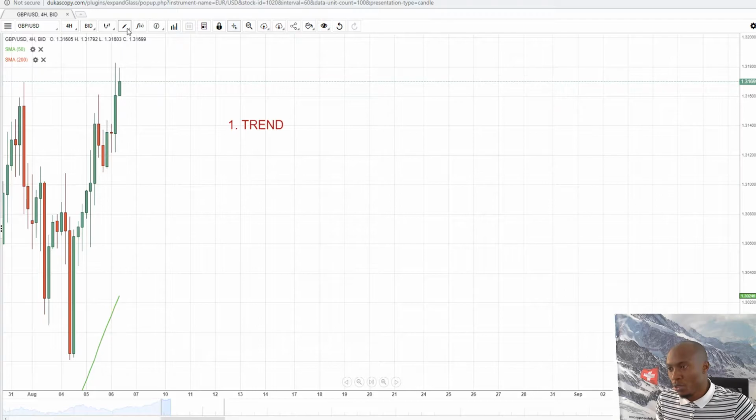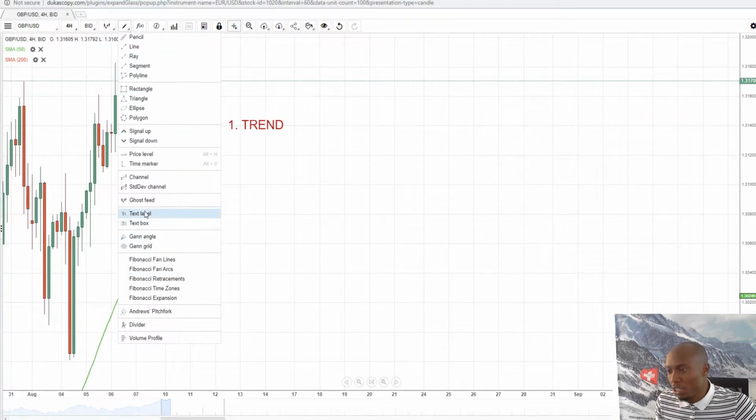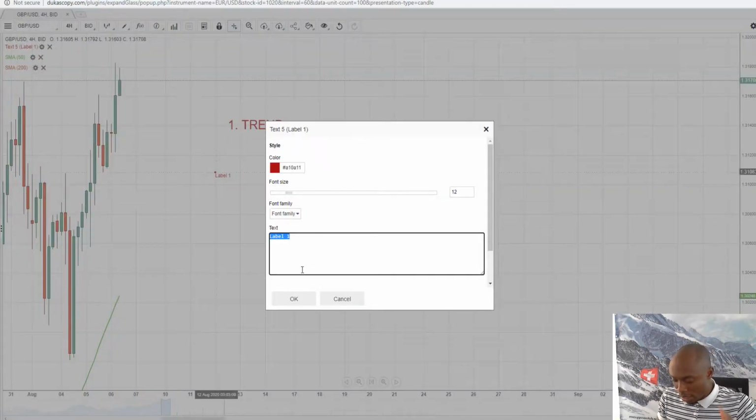So number two, the second thing you need to look for before taking a trade, is called the resistance. You need to know the resistance and support.